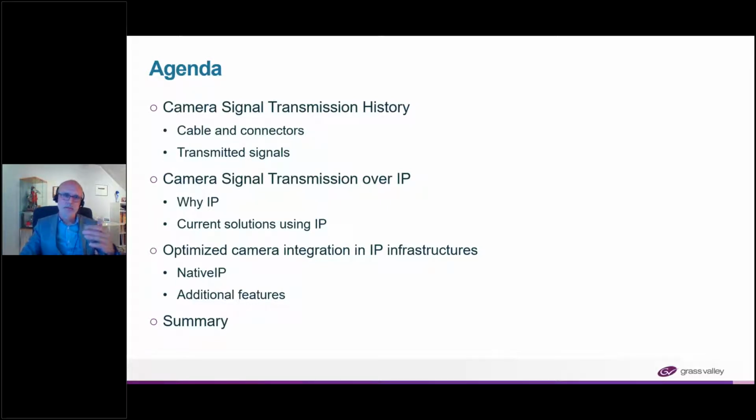And then finally, I will talk about optimized camera integration into IP infrastructures. The name for that, as we call it, is native IP, the technology behind it and the benefits. Then I will talk a little about additional features of the latest cameras towards IP infrastructures, and then give you a summary. And finally, at the end, we have time for questions, hopefully.